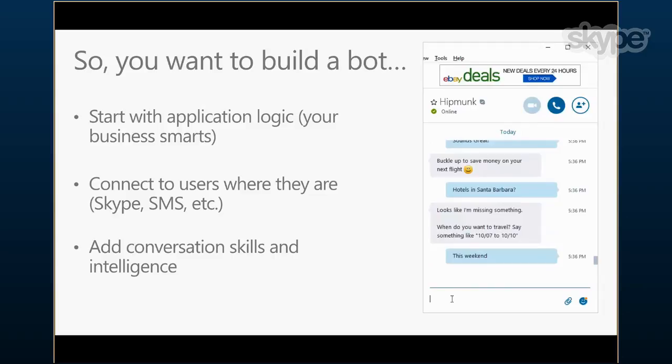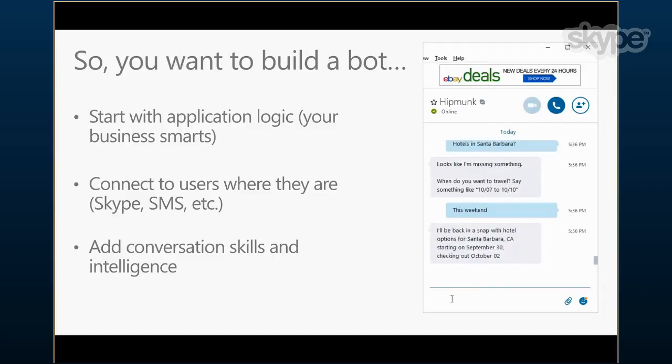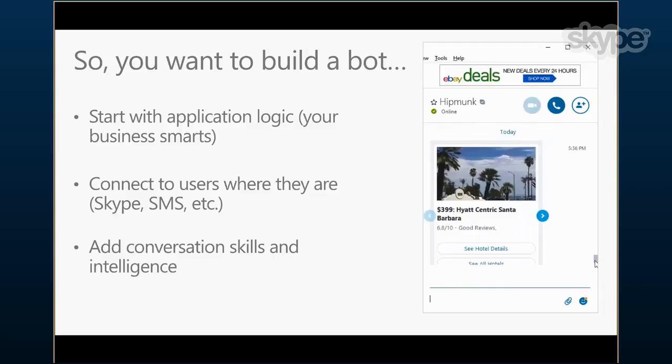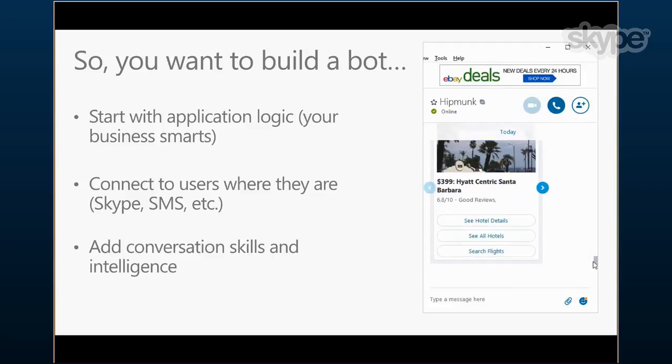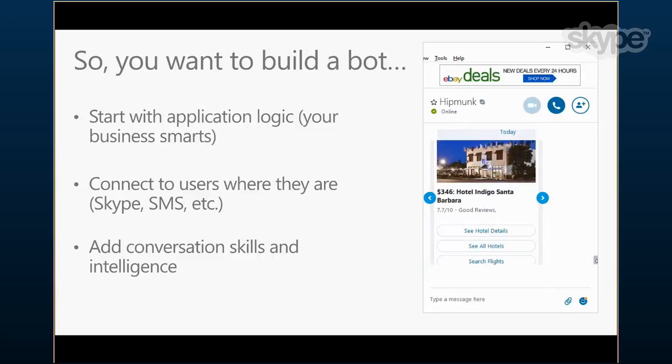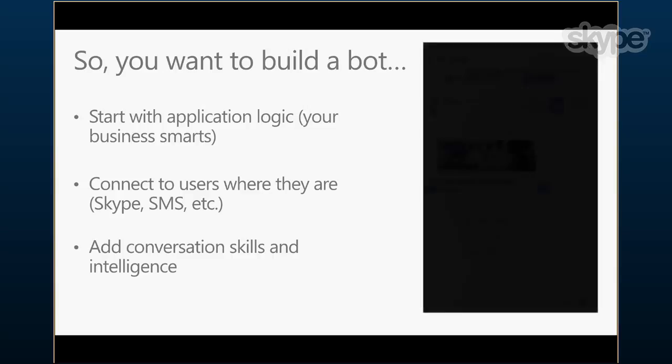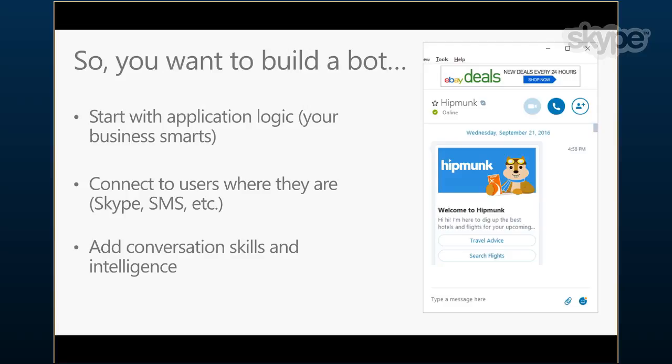So in effect, you could build a bot using any language, any framework, but we simplify the model by providing software development kits for primarily two languages, JavaScript and C#, and we'll get into more of the details of that in a second.